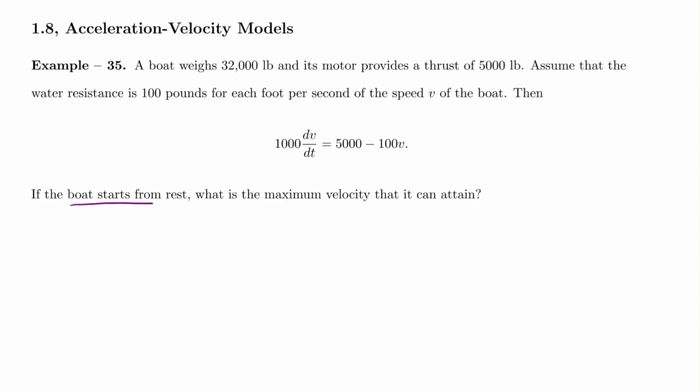If the boat starts from rest, from that we can assume that when time is equal to 0, velocity is also equal to 0. What is the maximum velocity that it can attain?